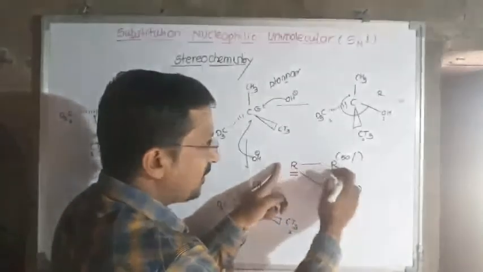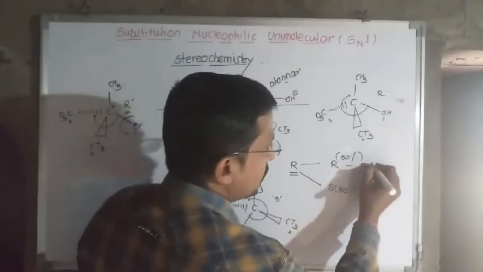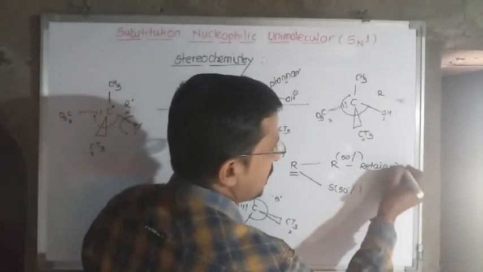So if R remains R, it is called retention of configuration.